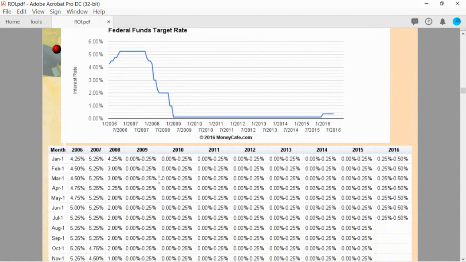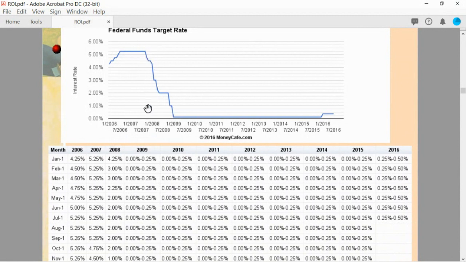So Bear Stearns was in trouble, and eventually went bankrupt, and that spread throughout the entire financial market. So the financial crisis. So then, they dropped the interest rate.